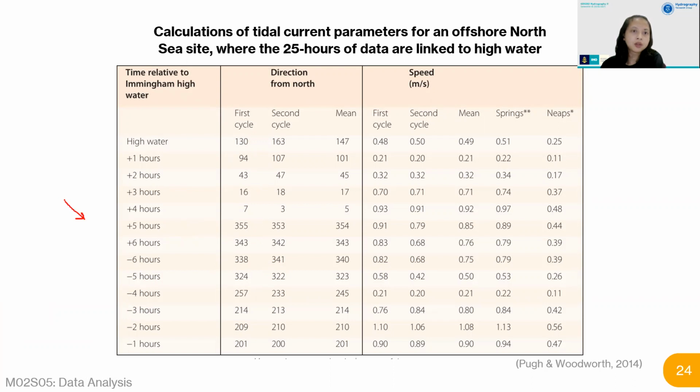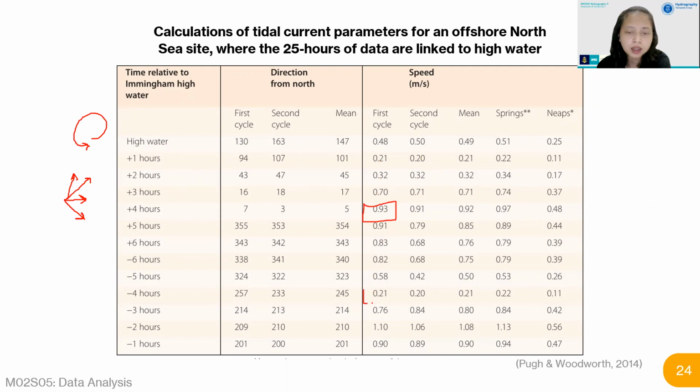And then it goes to 94, and then it goes to 43, 16, and so on. So you can see that the cycle in here is actually moving sort of that way. And then this is basically your current speed. You can see that the highest speed in here is that bit at +4 hours.